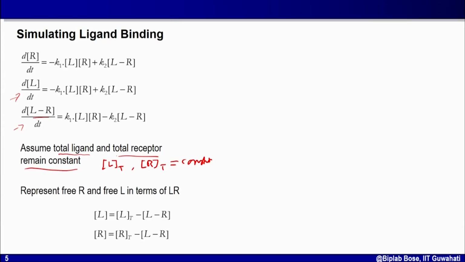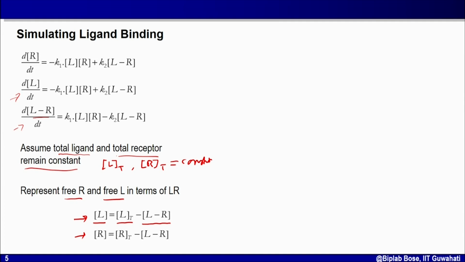So if I have assumed that these two things are constant, then I can represent free R and free L in terms of these algebraic equations given here. The concentration of free L will be nothing but the total concentration of the ligand minus the concentration of the complex, because that complex has sequestered some amount of ligand.